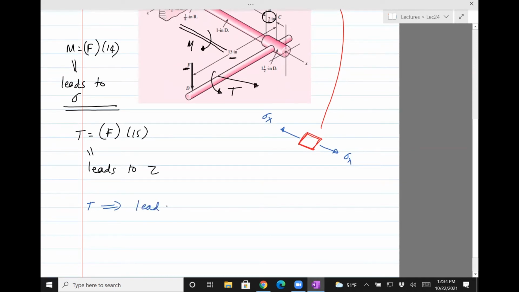Leads to rotation. M leads to, this is more like a bending thing.